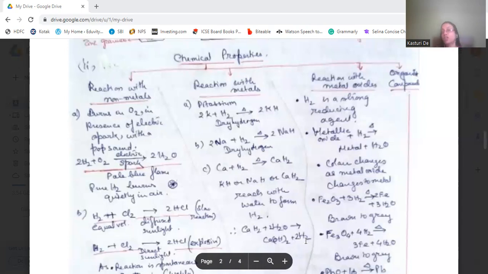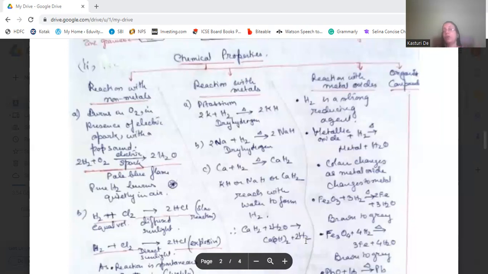Next is reaction with metal oxides. Hydrogen is a strong reducing agent. It will remove oxygen from the metal oxides and reduce the metal oxide to its respective metal. This can be understood by the color change.